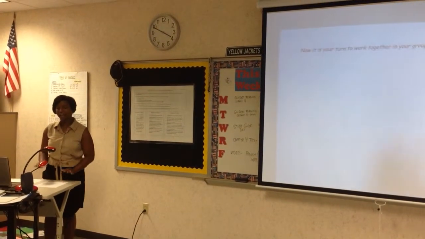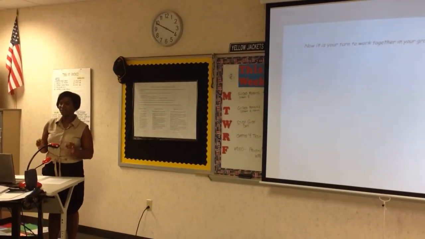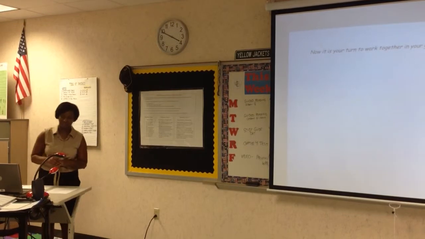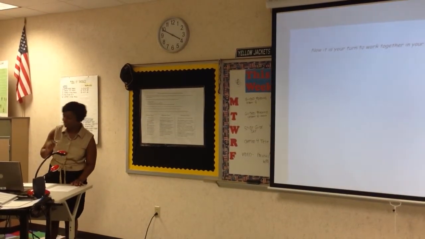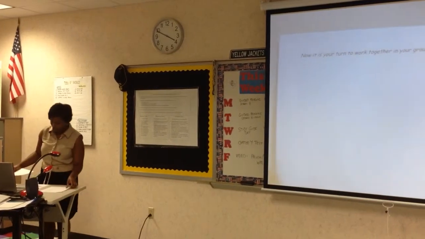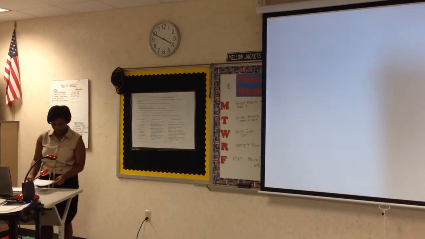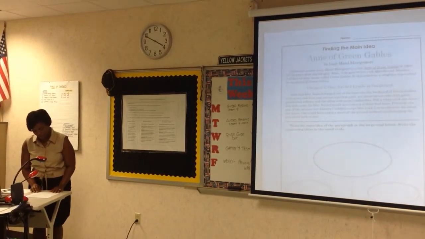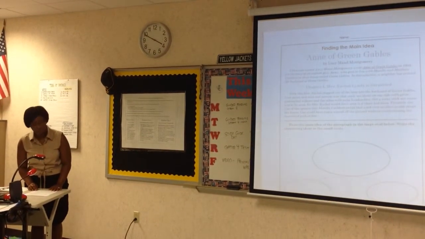All right, now, at those tables, there is an example text that is within your content area. Just one example so you'll see what a few of you are working on. Those in language arts, you have an excerpt from chapter 1 of Anne of Green Gables.